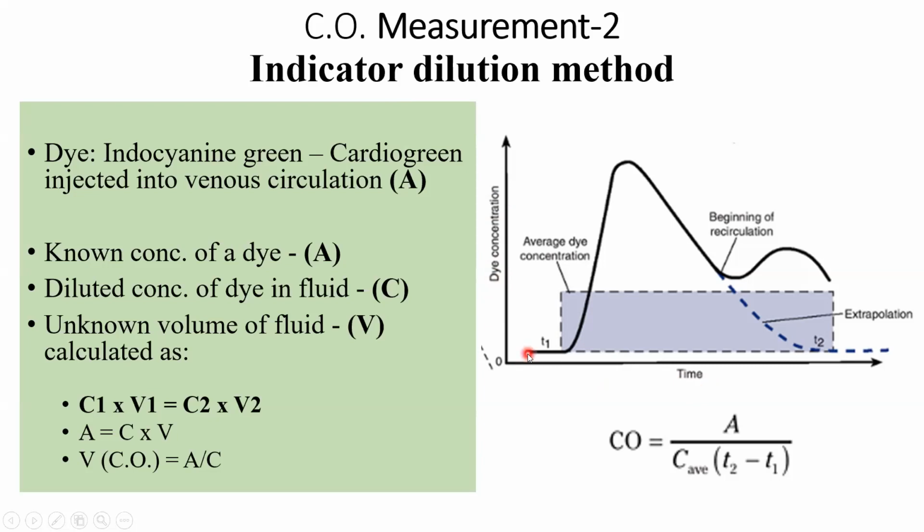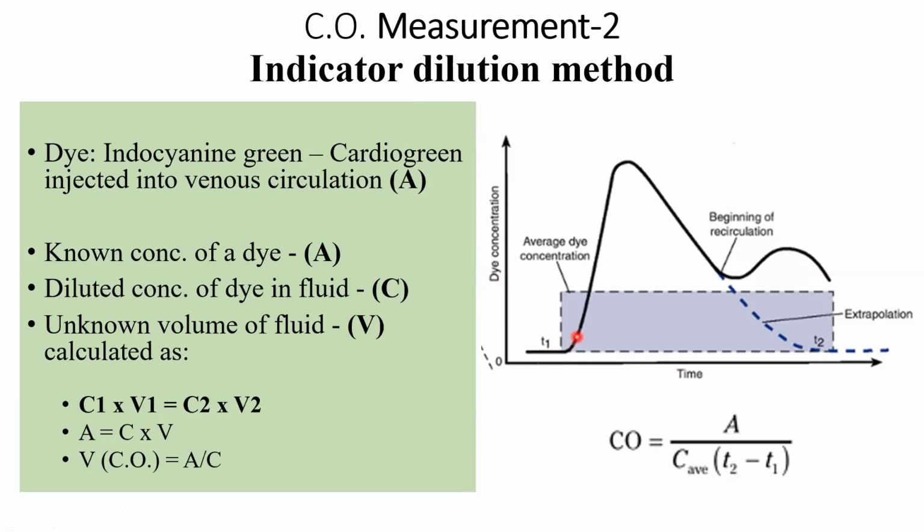You can see that the concentration does not go up in any significant way in the initial 1 or 2 seconds. This is because the dye has been injected directly, or as close as possible, to the heart itself, and it's passing through the heart.